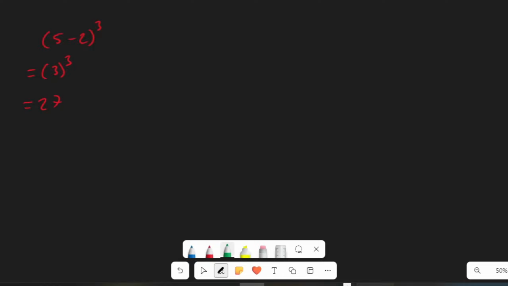The incorrect way to do it is expanding first. Then we'll get, so it's incorrect, 5 cubed minus 2 cubed, because that gives us 5 cubed, which is 125, minus 2 cubed, which is 8, giving us 117.